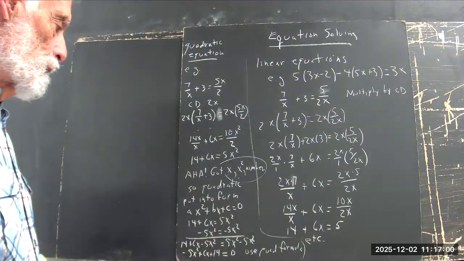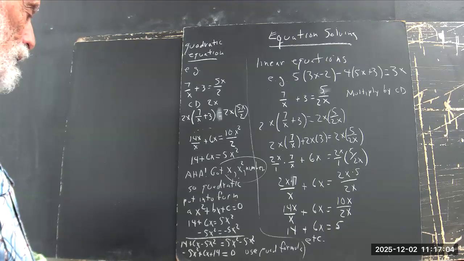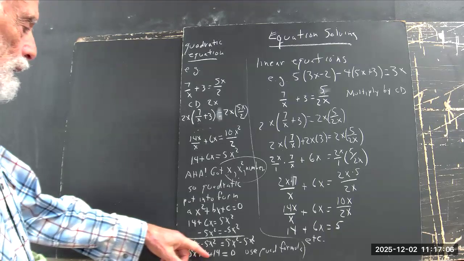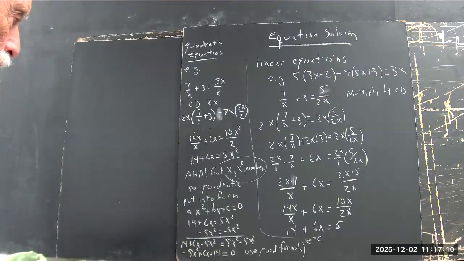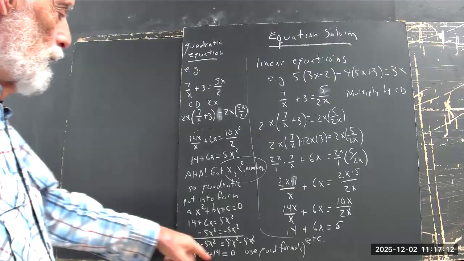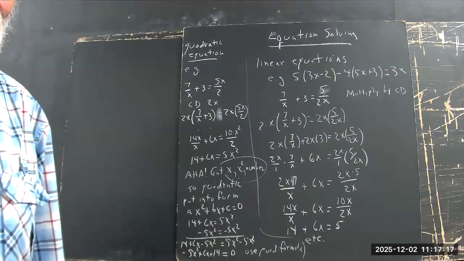You could try to factor this, but I think it's going to be likely to be hopeless. We'd have to be combining 5s and 1s and 14s and 7s and 2s and stuff. So there might be a way that factors, but you don't want to mess with it.